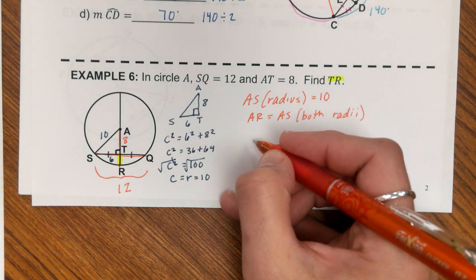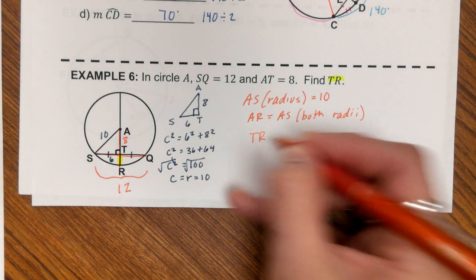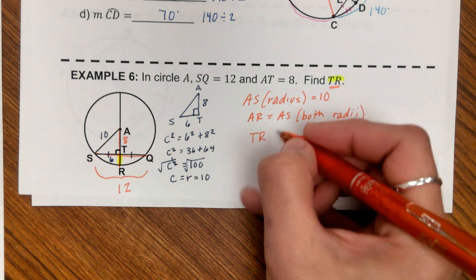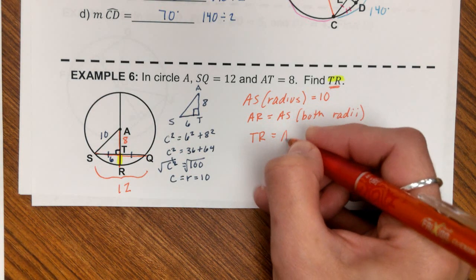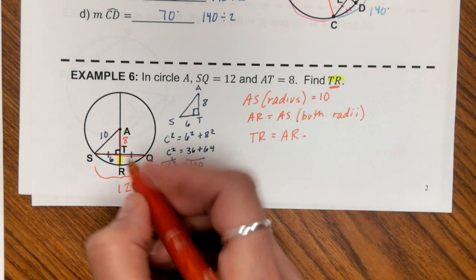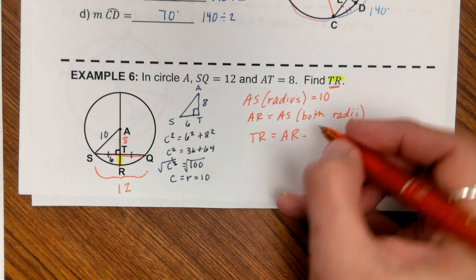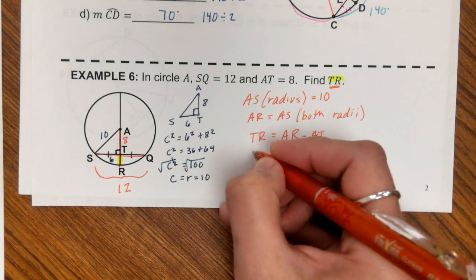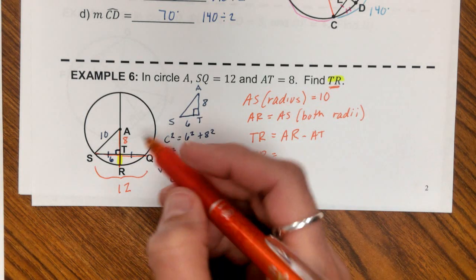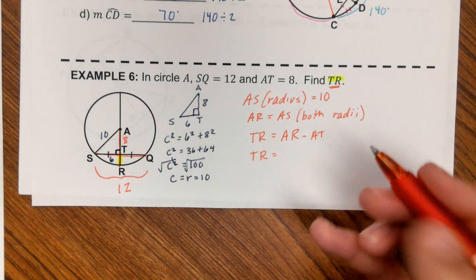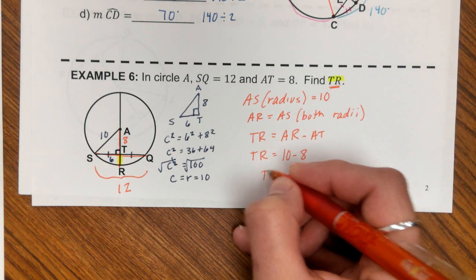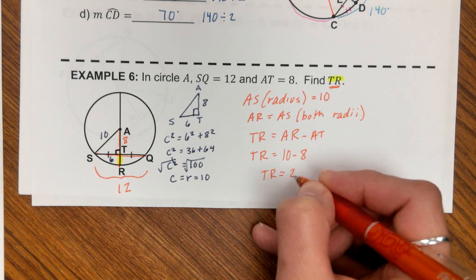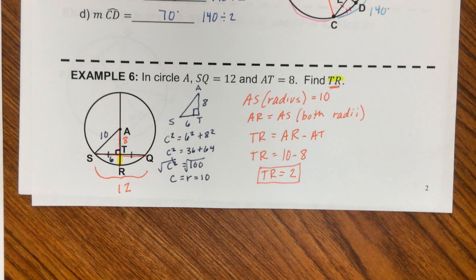So what's going to end up happening is TR, what we're looking for right here, is going to be equal to the whole radius, AR, minus just the little part we have, AT. So TR will be, we've got our whole radius, AR, of 10, minus that little part, AT, of 8, so TR is going to equal 2.